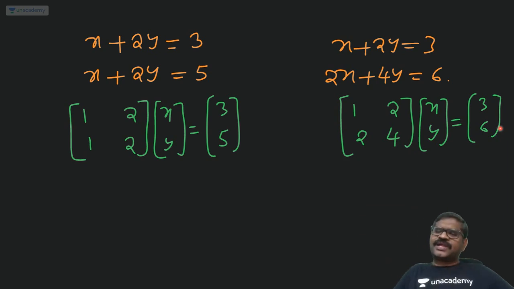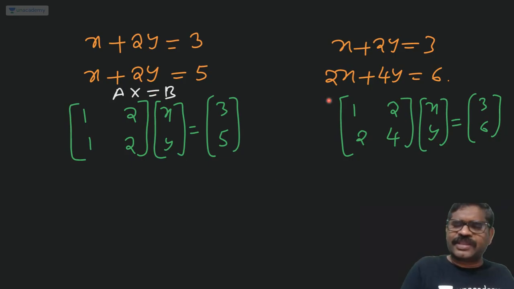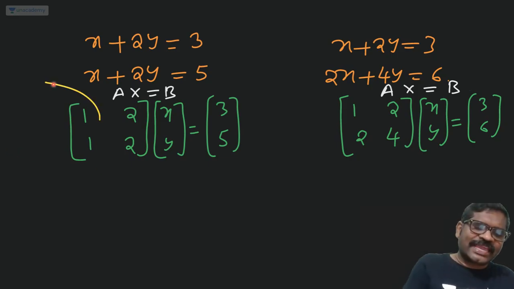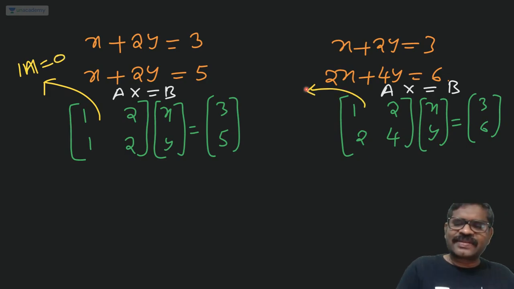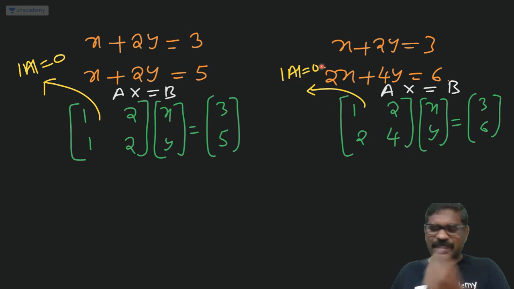Avdesh, observe here. It is clearly in the form of AX equal to B, and this one is also in the form AX equal to B. Now, what is det A here? 0. And here? 0. Now observe the difference. In both cases, determinant is 0.